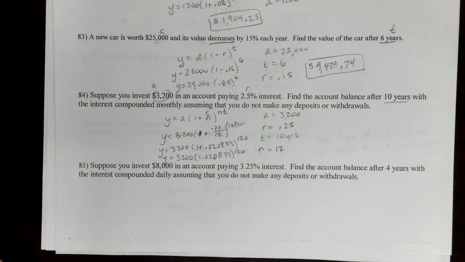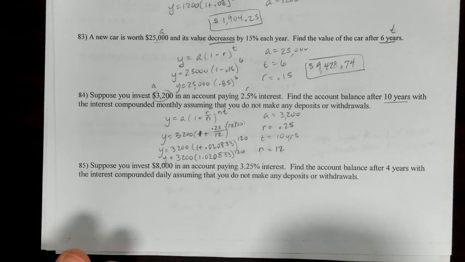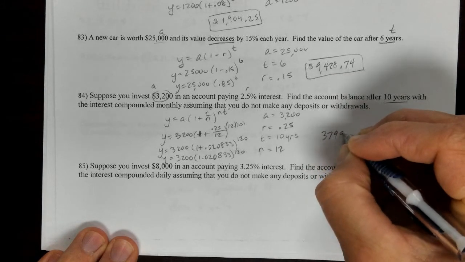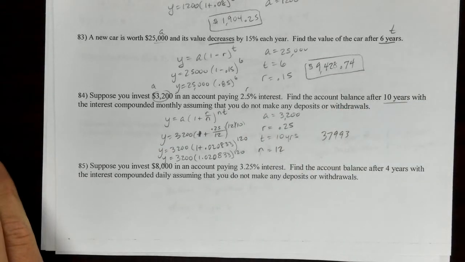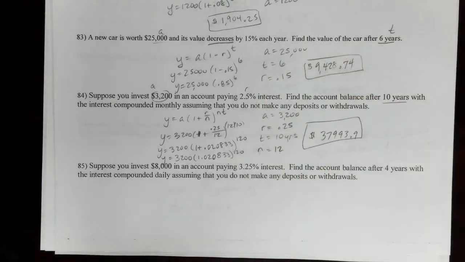Let's open up our calculator. We've got 1.020833 raised to the 120, and now we multiply that by our initial value of 3,200. So we get 37,993.09. So after 10 years, you'd be looking at that in your account, right?